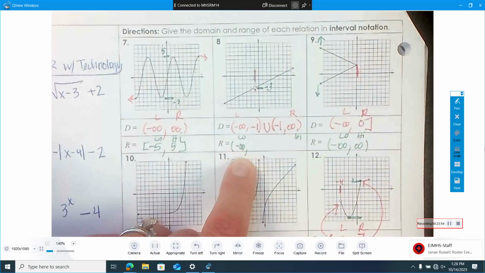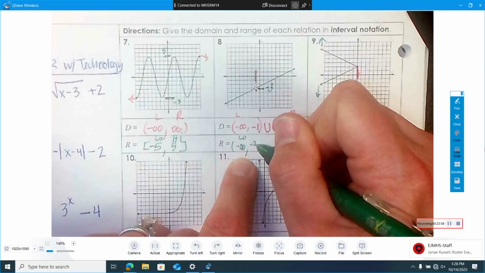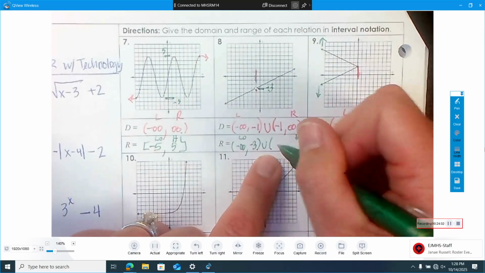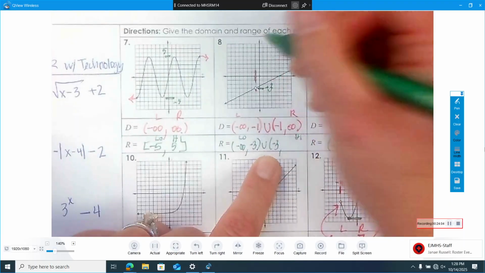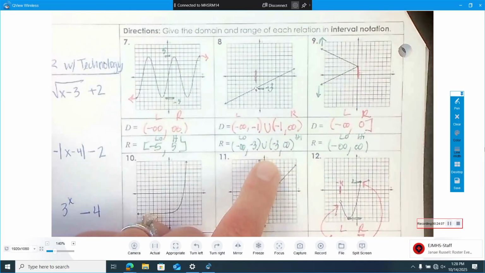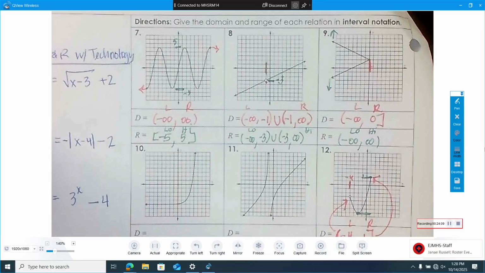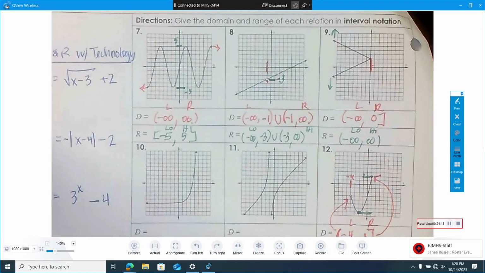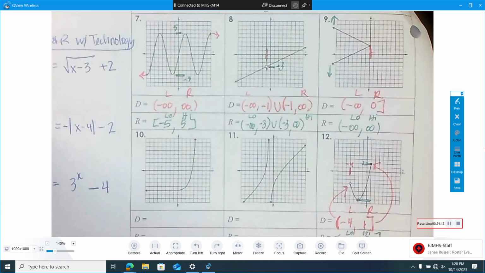There's a hole in the graph when y is -3. So we have to take that out. So we use a parenthesis, union -3 to positive infinity, forever up. Okay? Do you kind of get that? Yeah? All right. Let's look at 11.